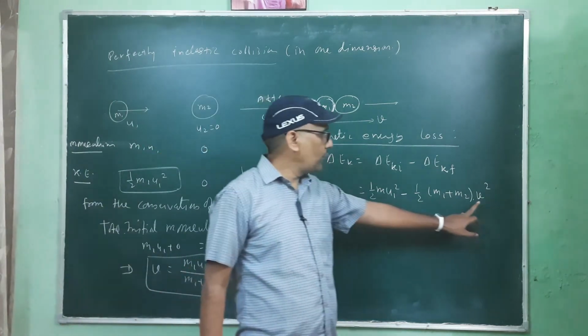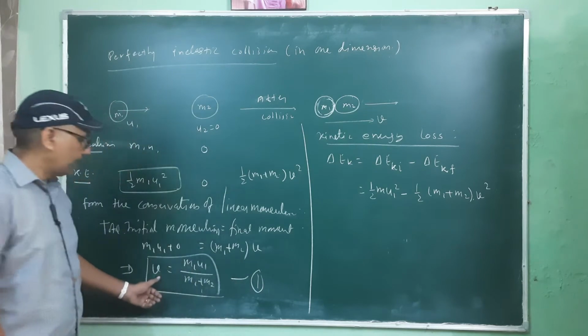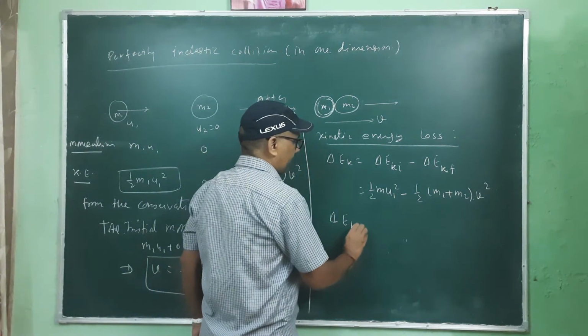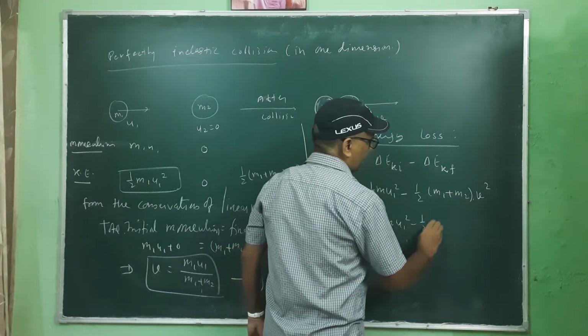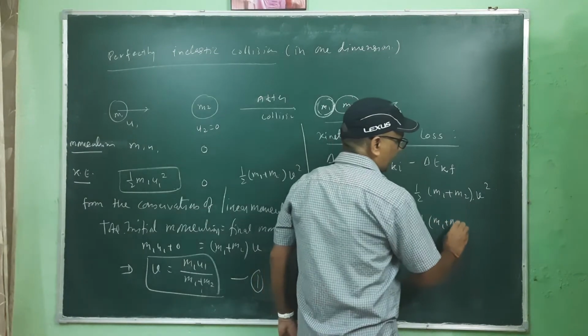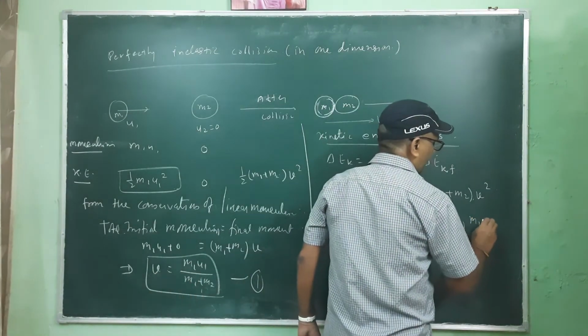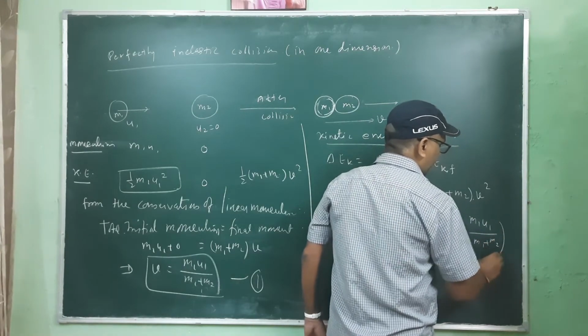We can put the value of v from equation 1, let's say this is equation 1. So we put this v, so this delta Ek, the energy loss, is equivalent to half m1 u1 square minus half m1 plus m2 times m1 u1 by m1 plus m2, whole square.